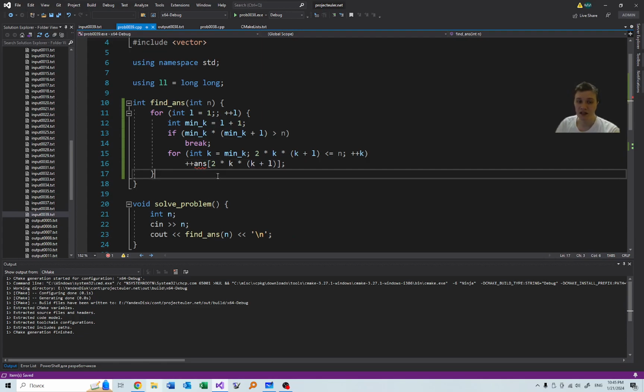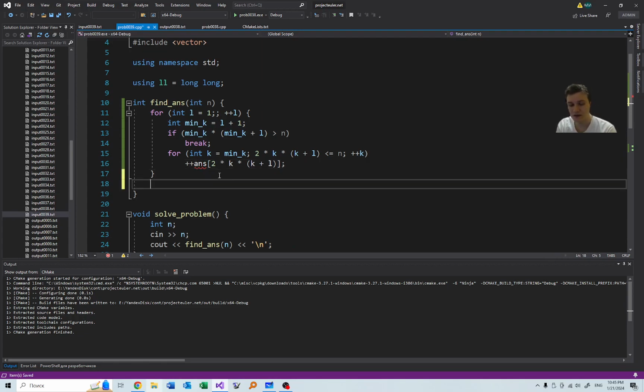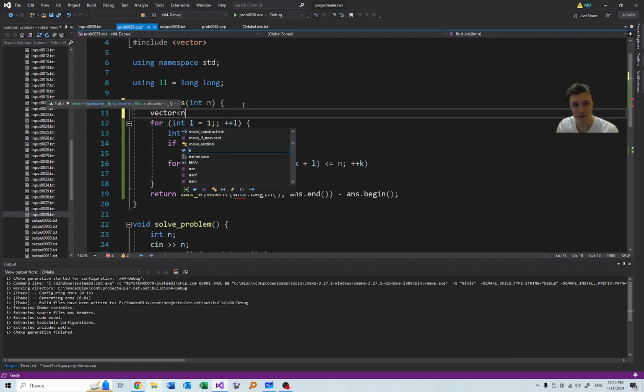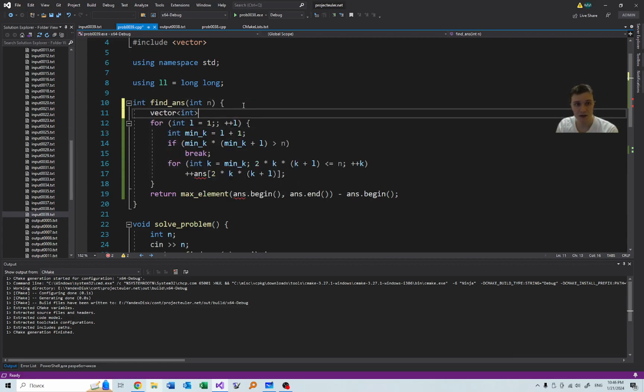Then we find the maximum possible answer, which is max element of answer.begin, answer.end, minus answer.begin. And we return it. To do that, we also need this vector int ans, which stores the answer.